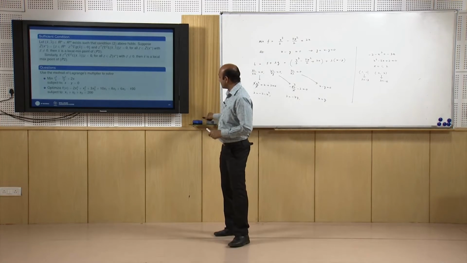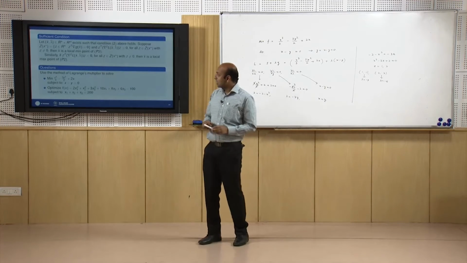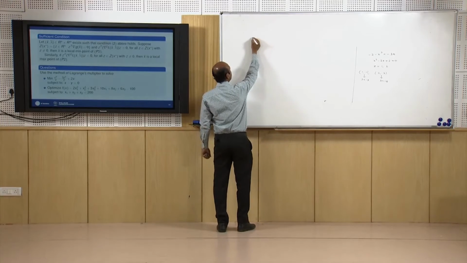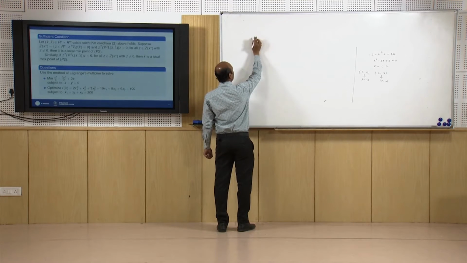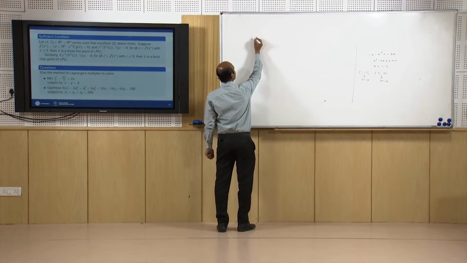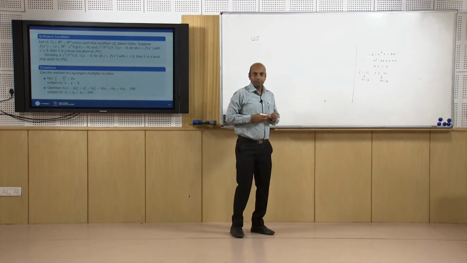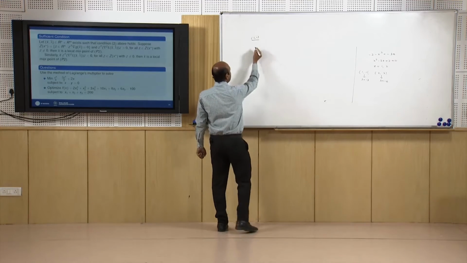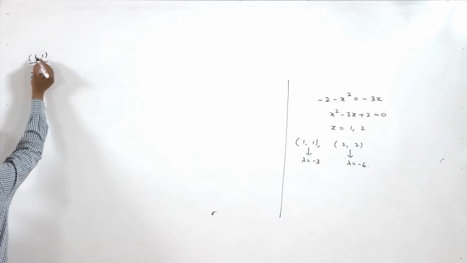So, what is the sufficient condition? Let us see. First we find the set capital Z. What does capital Z indicate? First we find it for, suppose, 1 comma 1. First we will see for this point, this is x star for this problem. So we will find Z at x star.